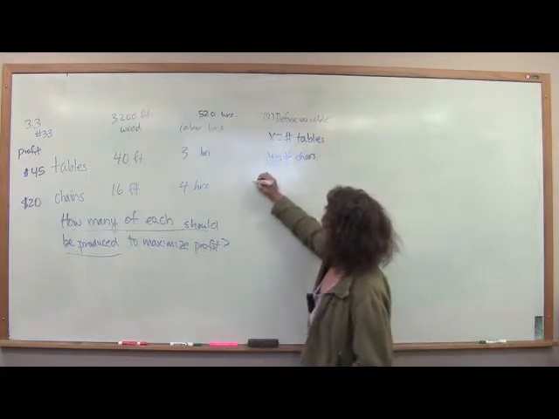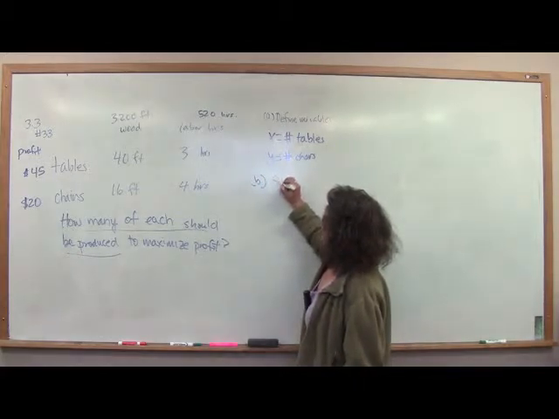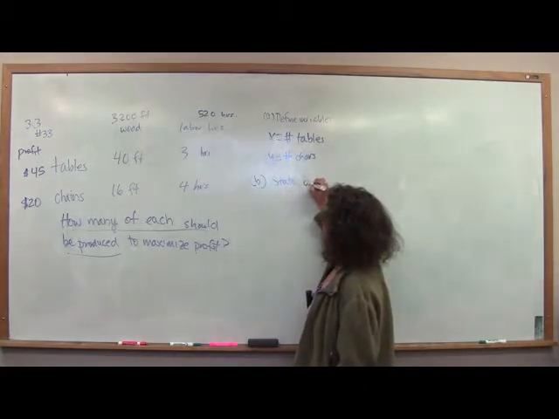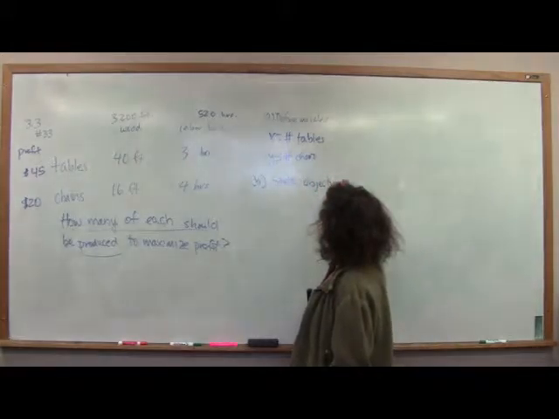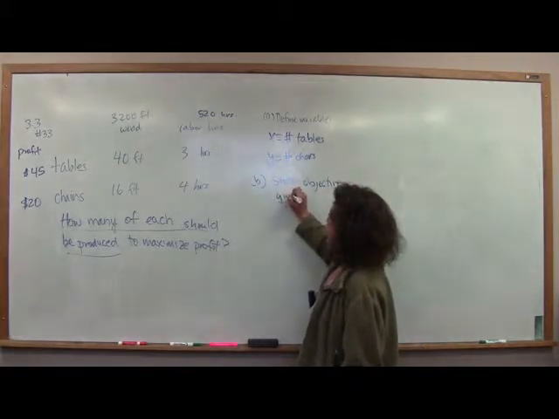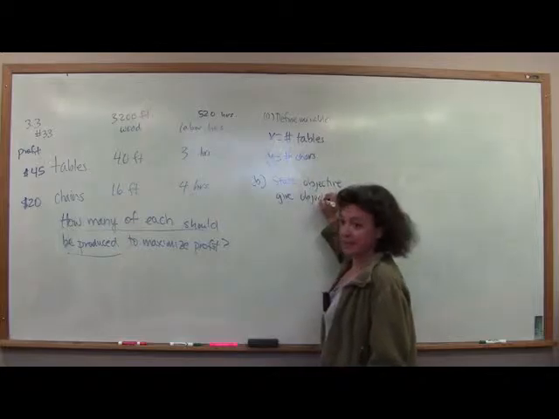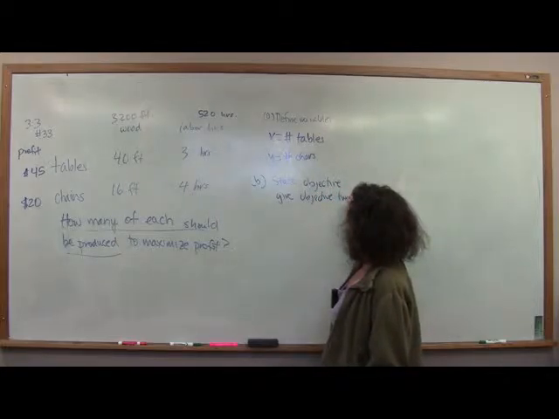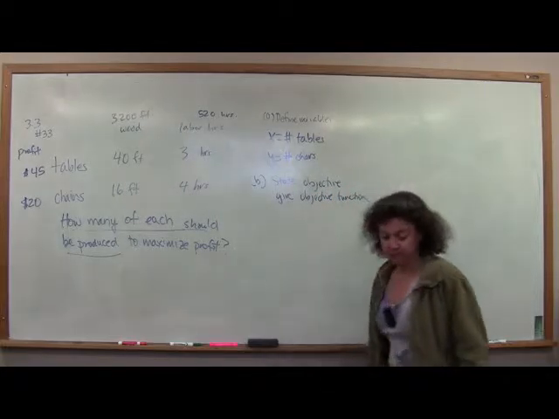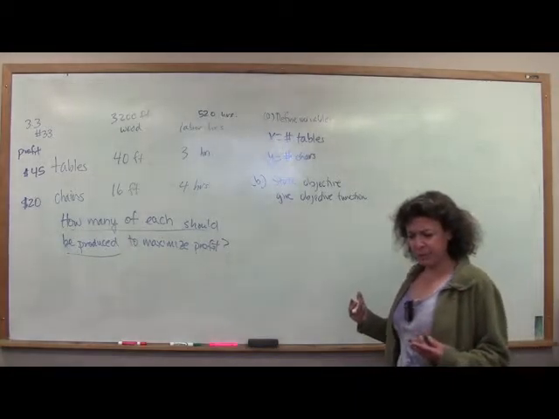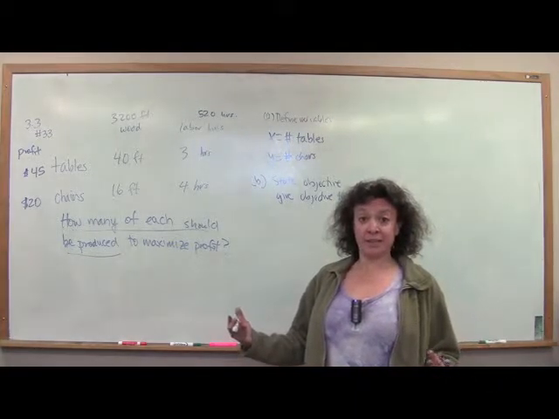All right, part B, I'm going to ask us to do 2 things. The first thing we're going to do is state our objective, and then the next thing that we'll do is give our objective function. In other words, when we state our objective, what's the goal here?